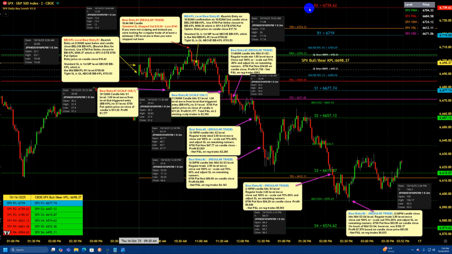Generally, when starting the session, you want to have a look from R2 down to S2, or R3 down to S3, and then if price starts to go beyond those levels, you can adjust your chart to show those levels as well. This way you have a more granular view, especially for your stop loss levels around the BBKPL.